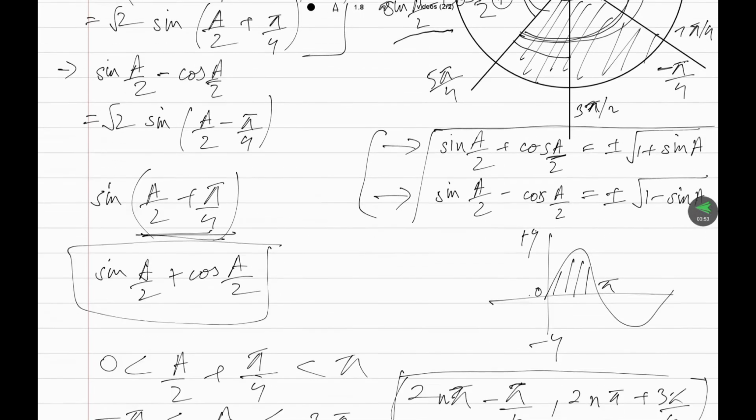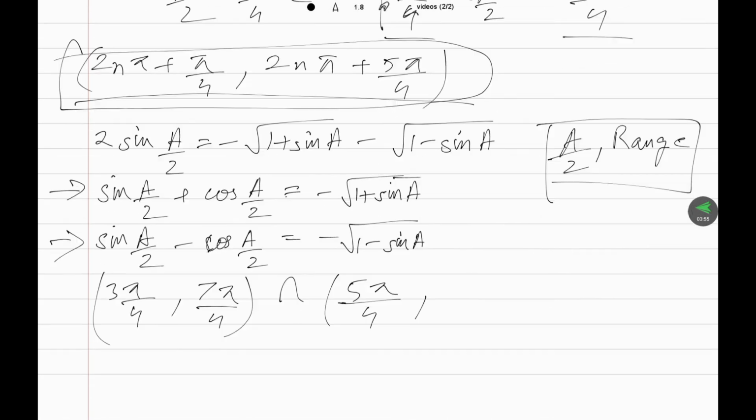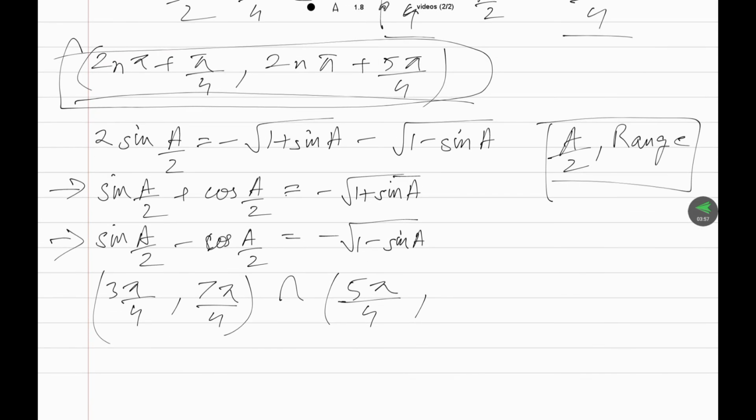So let me write down the answer straight. It will be 9 pi over 4. If you take the intersection of this, then you get the region 5 pi over 4 to 7 pi over 4.